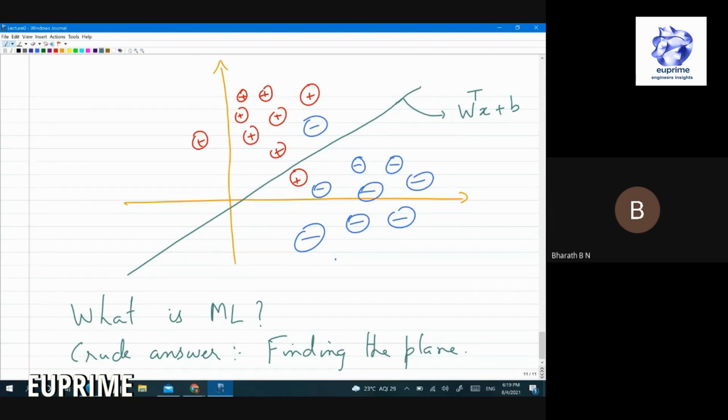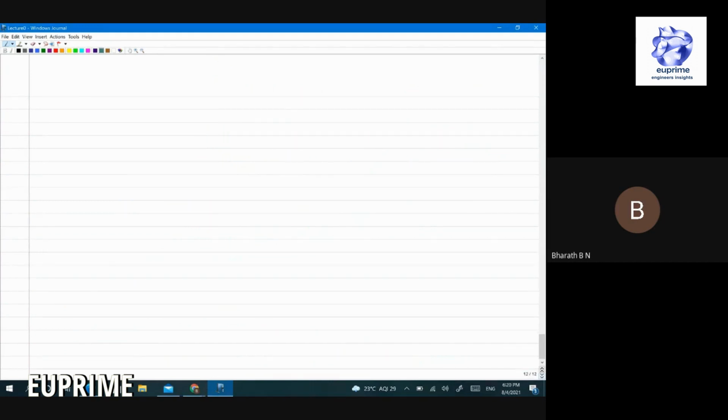Now, what do you mean by learning? Learning means I need to know what this W is and what this offset B is. If I know these, I know the plane, and therefore I can figure out whether an incoming email is spam or non-spam. Now, how do you find that?